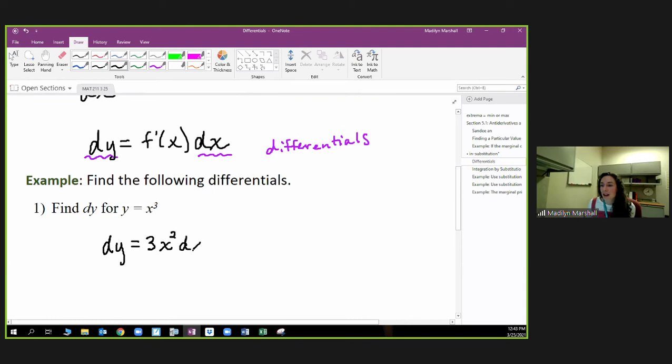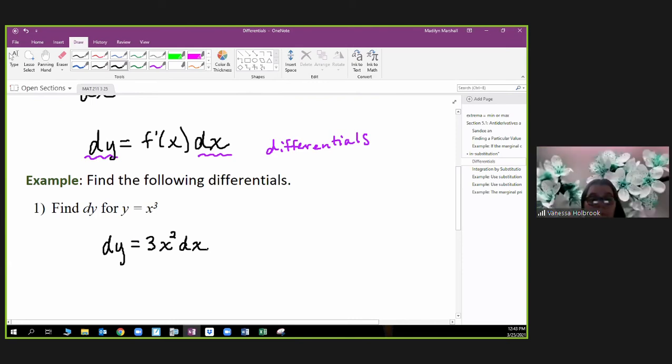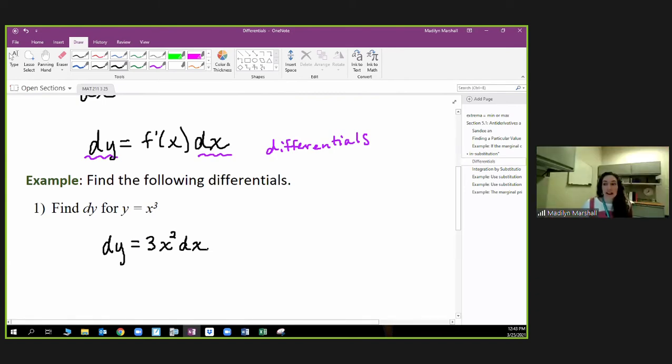And the dx is over here now. So the derivative is actually the same. No new derivative rules at all. It's just that that dx has multiplied to both sides and moved over using regular algebra.